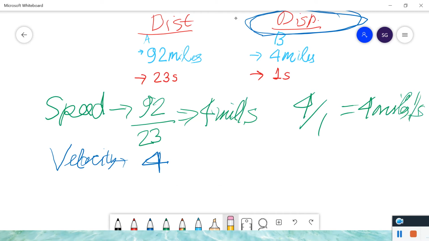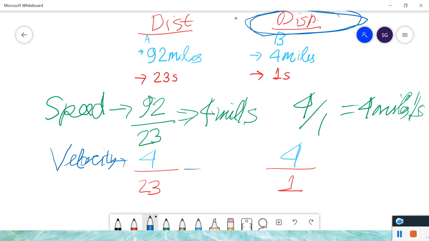Displacement is 4 miles. Time taken is 23, and here displacement is 4 miles, time taken is 1.